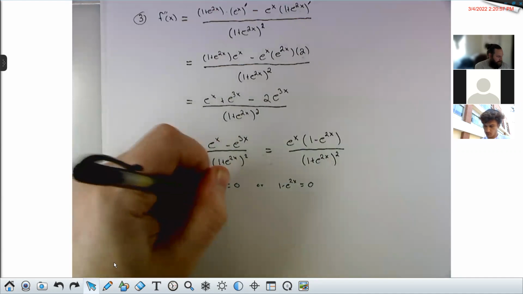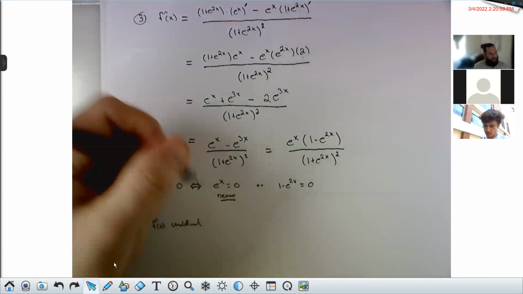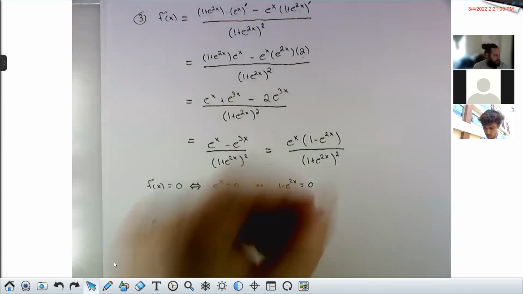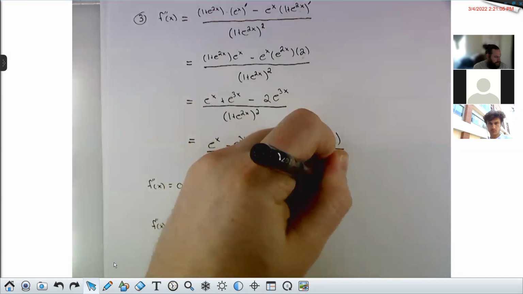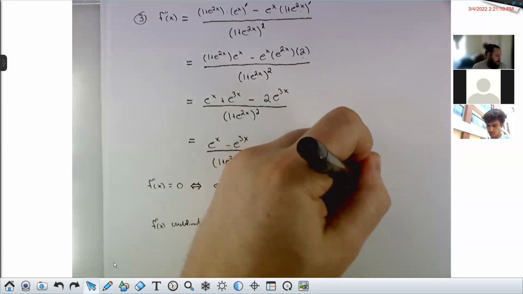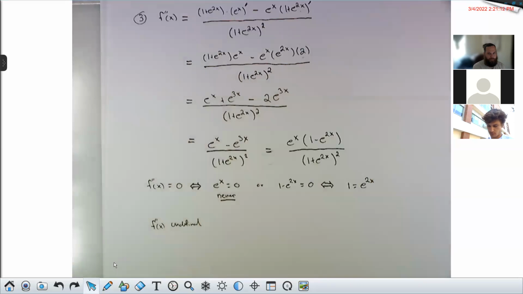Of course, this never happens. E to the x is itself never 0. But the other guy, here we will get something. If I add e to the 2x to both sides, this says 1 equals e to the 2x.